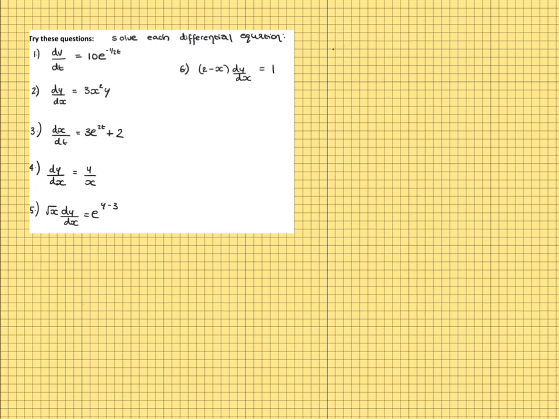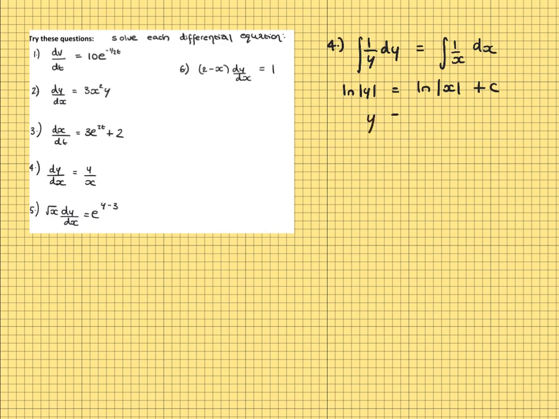So question 4, we go straight to this, integrating both sides. So we have ln mod y equals ln mod x plus a constant. Let's take e to the power of both sides.